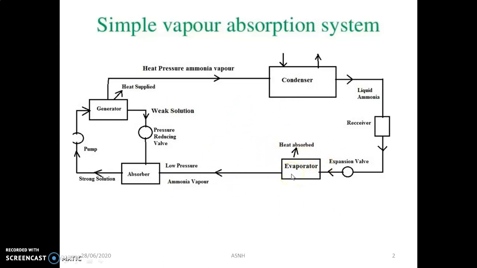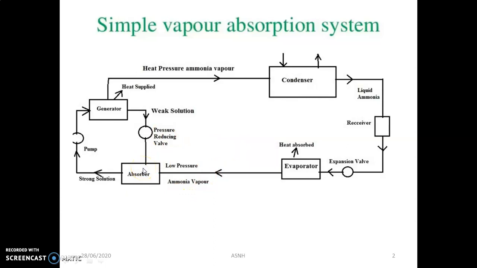In the evaporator, latent heat of absorption takes place, the evaporator produces a cooling effect, and the phase changes from liquid ammonia to vapor ammonia. The ammonia released from the evaporator section is weak and sometimes wet, and it enters the absorber.